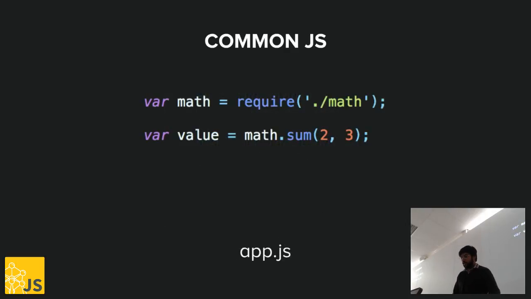You just require it, and you have the method available for you in your application. CommonJS was invented to be used in non-browser environments, particularly servers and native environments. But with tools like Browserify and Webpack coming along, using CommonJS on the client side has become really easy. We'll discuss it more.